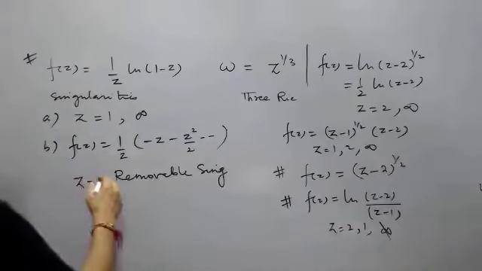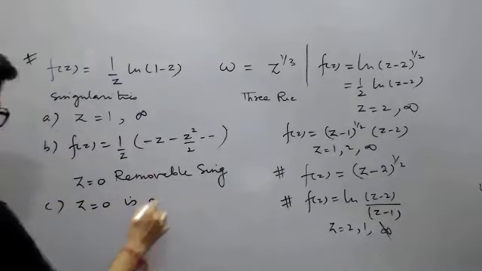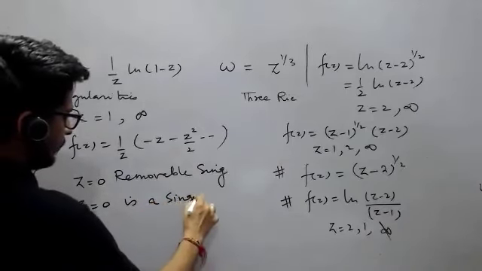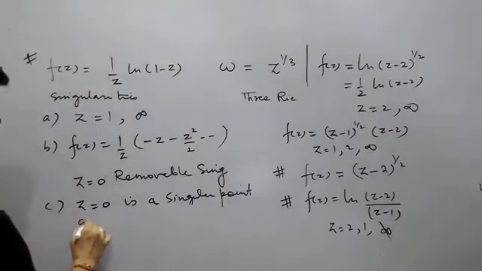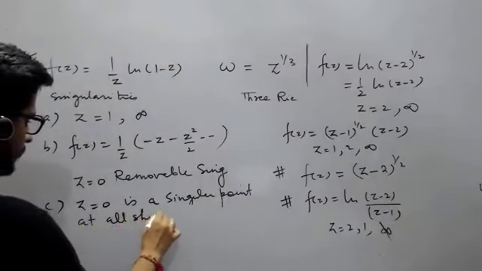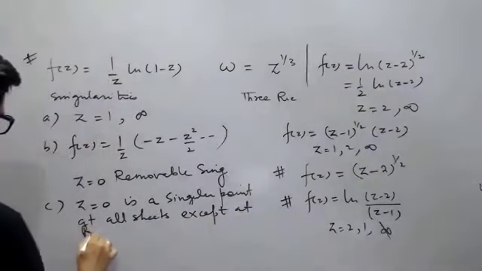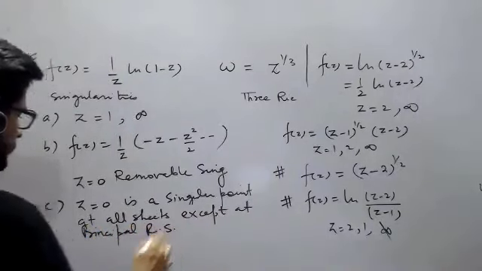Removable singularity. Okay. So z is equal to 0 will be a removable singularity, and you also write one sentence that z is equal to 0 is a singular point at all sheets except at the principal Riemann sheet. Principal Riemann sheet.